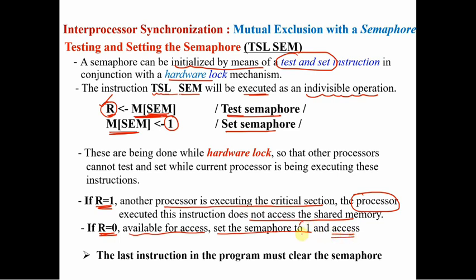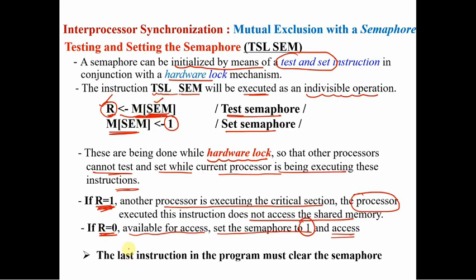Why set the semaphore to 1? So that it will not allow other processors to access the critical section. This is done under a hardware lock, so that other processors cannot test and set while the current processor is executing these instructions. This is based on the value of R, read from memory as the semaphore value.